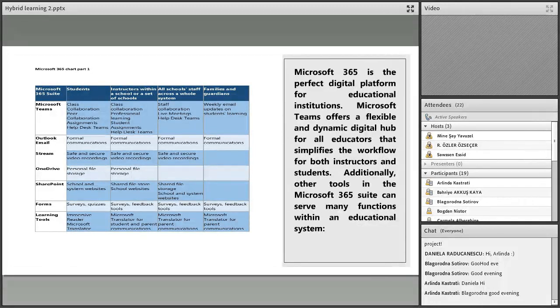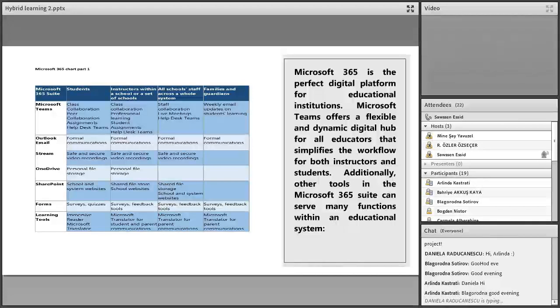Now, these are some of the tools that Microsoft 365 offers. I'm sure that all of you have a Microsoft 365 account, and some countries really provide Office 365 for free to teachers, so that they can use it freely and profit from all the applications that Microsoft provides.